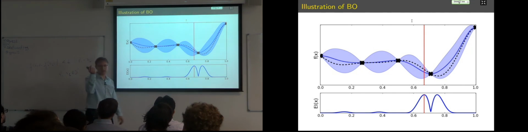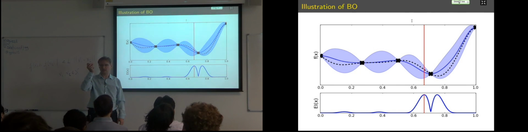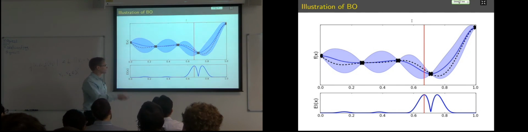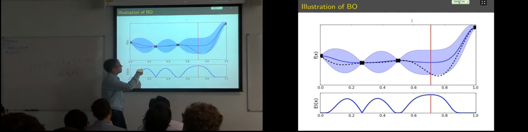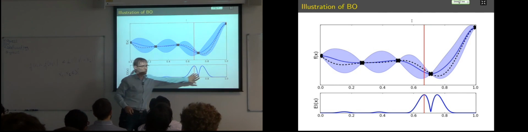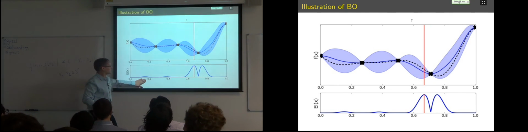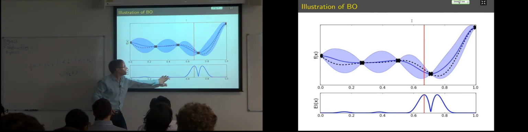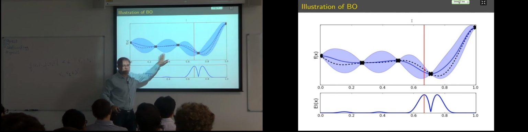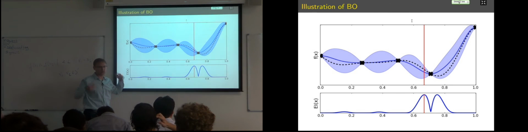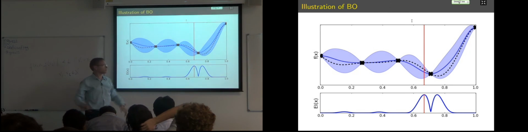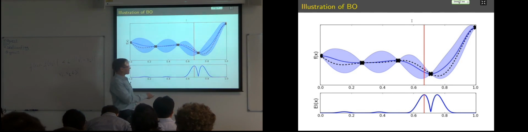So the expected improvement is already detecting that something interesting is going on there, because you see how automatically, because this value is way lower than any of the current values that you have, the expected improvement is dropping all the beliefs that it has about other possible locations, and it's removing all this part of the domain of the function. It says, well, there is nothing interesting going on here because I think I have something around here.